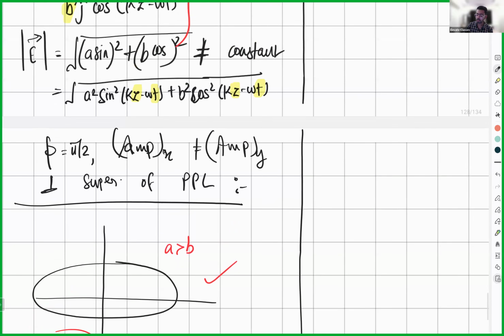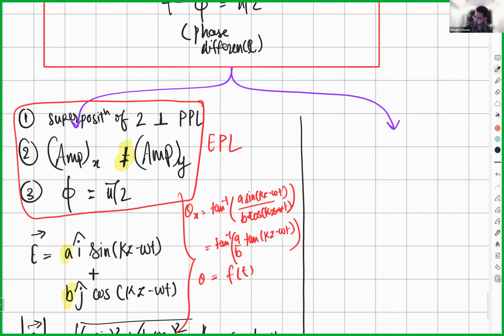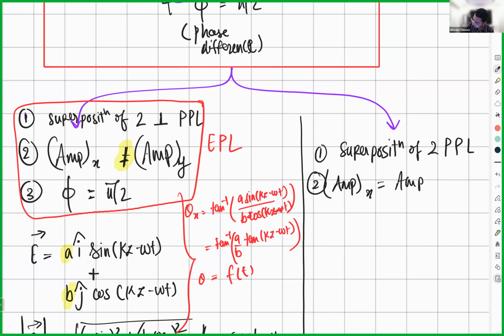But now if you have another case, first one, superposition of two plane polarized light, this condition is same. Second, I can have equal amplitudes or unequal amplitudes, both are same over here.